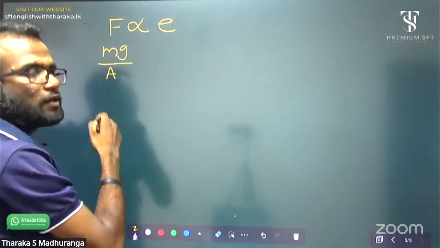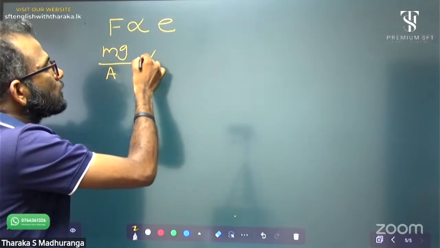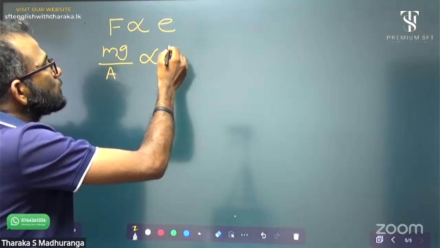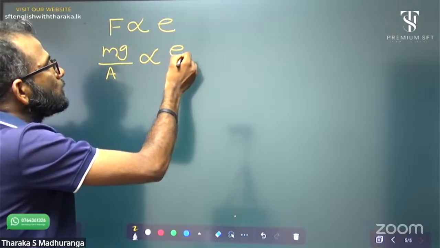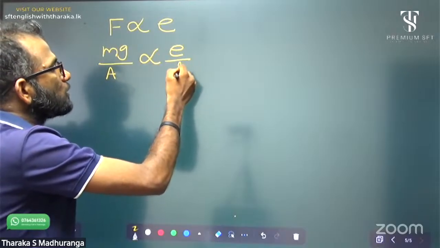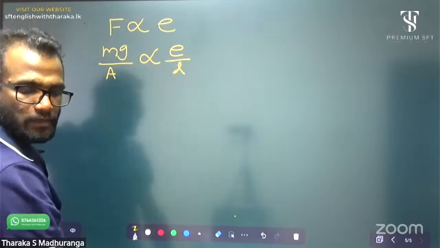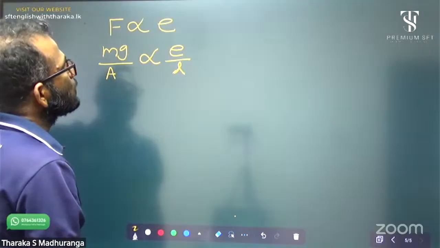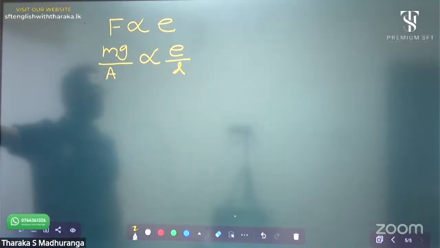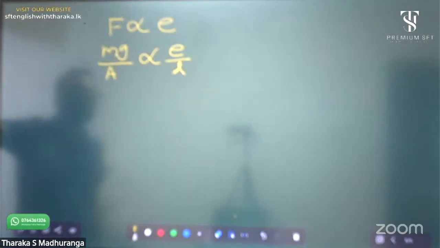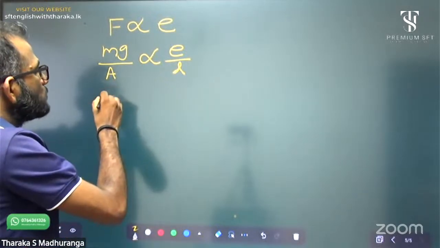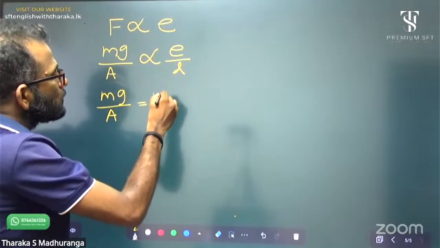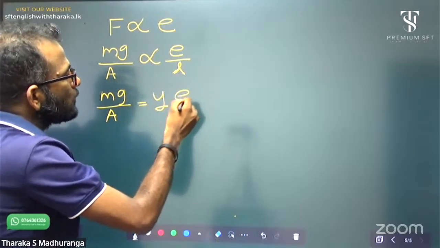Force divided by cross section area is directly proportional to e over the initial length. I'll take the initial length as L. Now we can get the equation mg over cross section area equals Young's modulus times e over L.